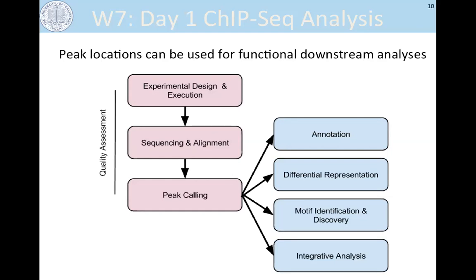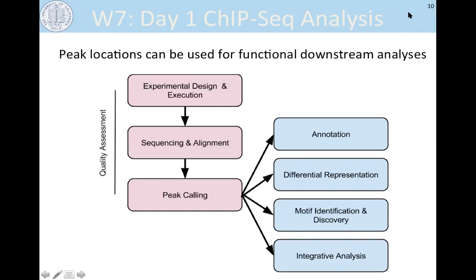Are they enriched near promoters? Are they enriched near distal enhancer regions, etc.? Differential representation: usually if you have an experimental variable, how does that affect binding of the factor that you're chipping for? Also motif identification, usually transcription factor motifs.